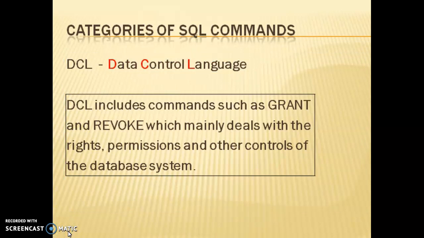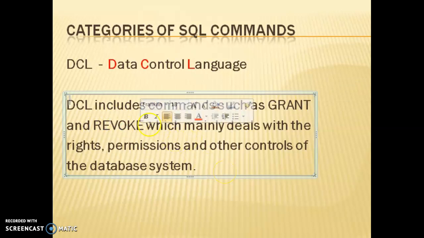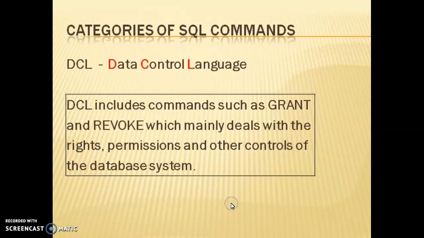The DCL includes commands such as Grant and Revoke. These are the two commands used in DCL. It mainly deals with the rights and permissions and other controls of the database system. So these Grant and Revoke commands deal with the rights and permissions of a particular database system.